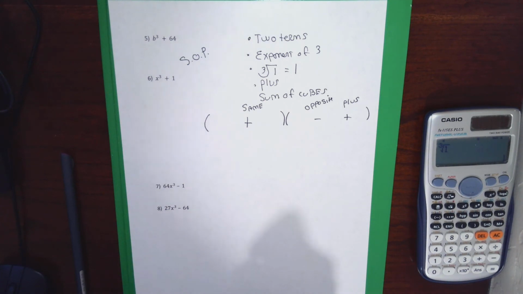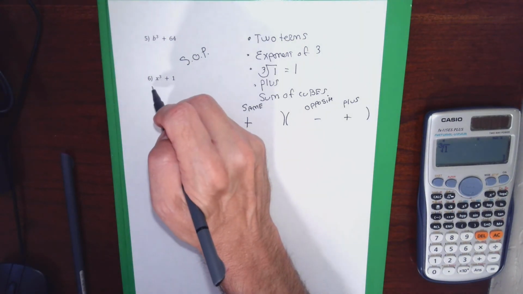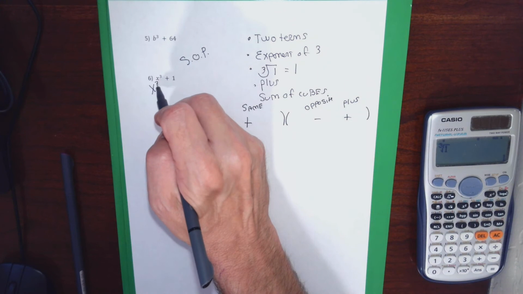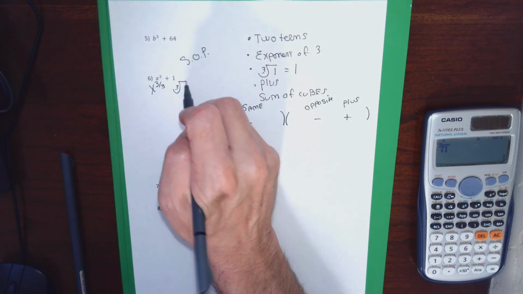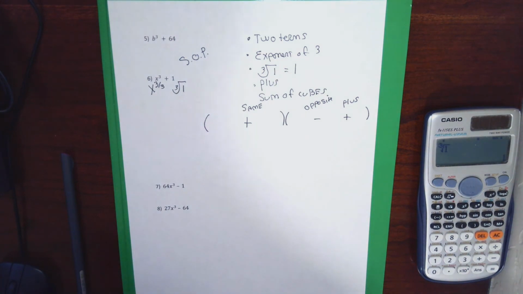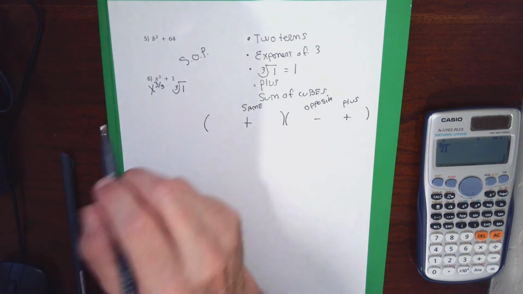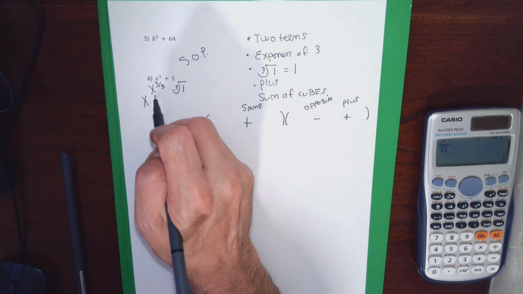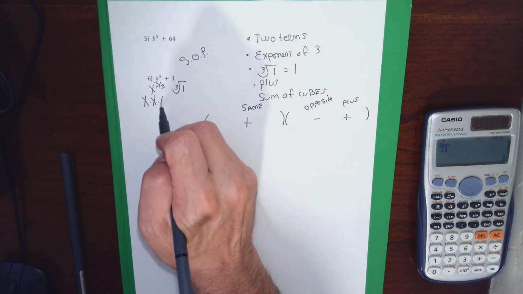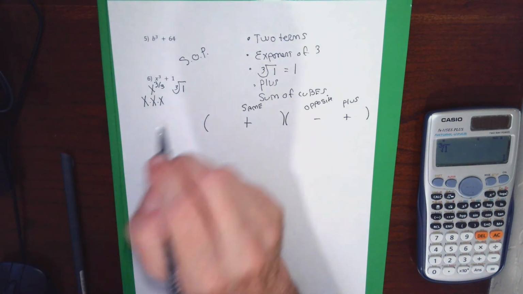To figure out what to put in the parentheses, under each term in the original problem, I deconstruct it into 3 factors that multiply to each term. For the x cubed, if I divide its exponent by 3, I get x to the first, and that tells me x cubed can be written as x times x times x.